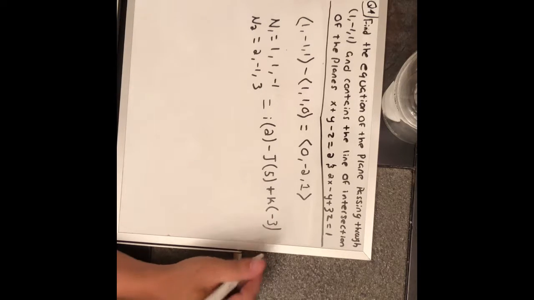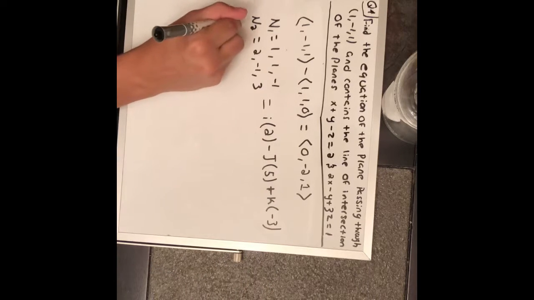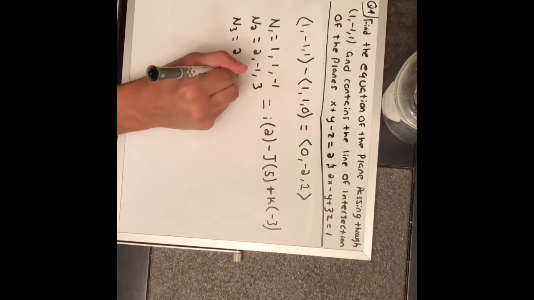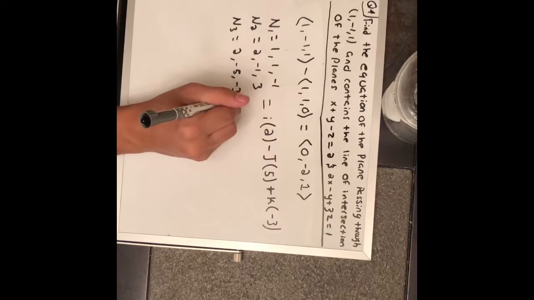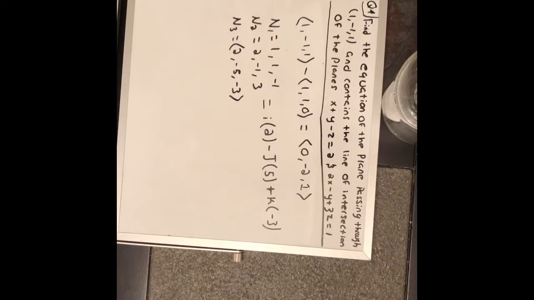We'll call this our n3, and this is a vector that lies along both planes.